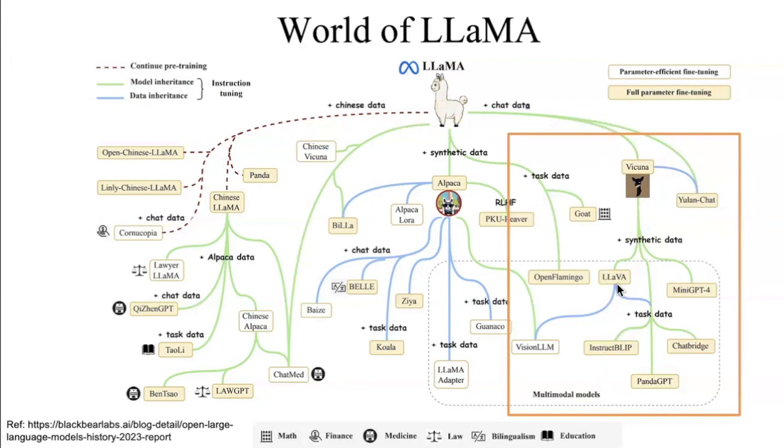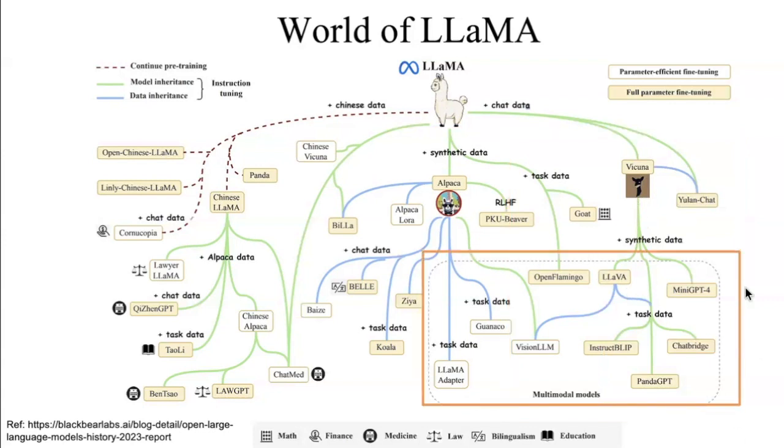Right now it's very popular to align images with the existing text LLM. At the bottom here, you see all of these are multimodal models, meaning the model input can take in not only text, but also images.